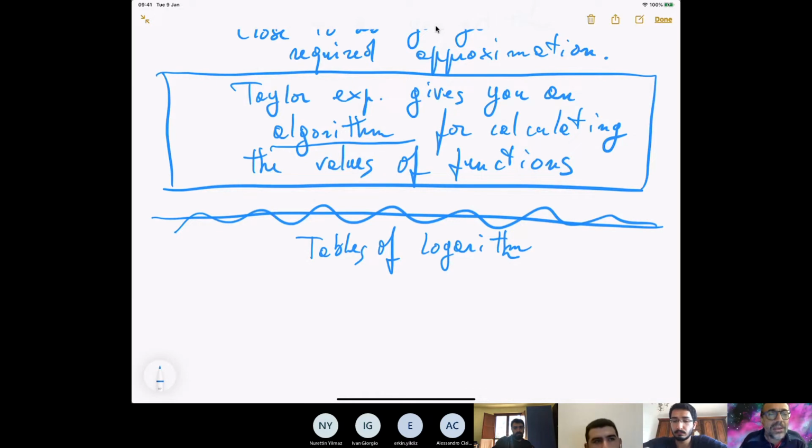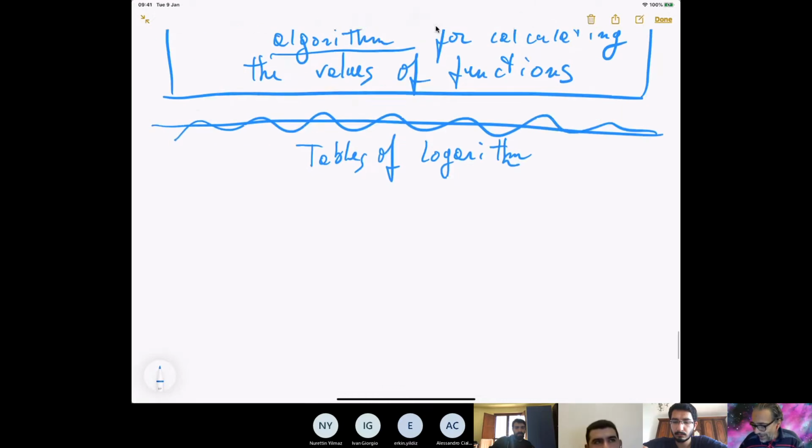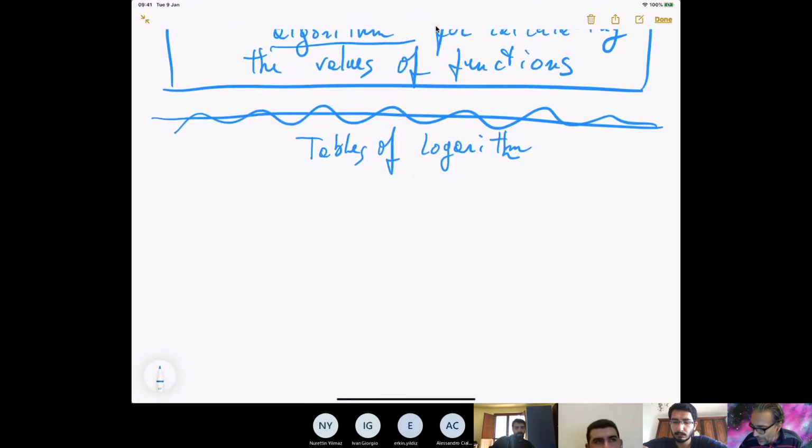These numbers were used for calculating the logarithm of numbers. Why? Because if you have a big number A, this is a computational problem.